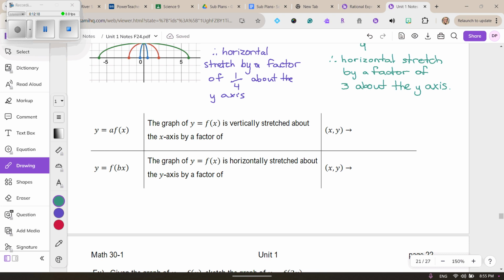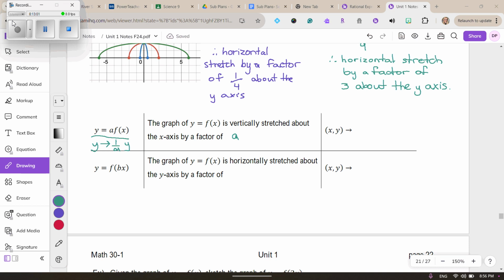So let's summarize here. The first one, we are changing the a value in y equals a times f of x, which means we are directly replacing y. And if we move that y over to the other side, we're replacing y with 1 over a y. So if we replace y with 1 over a y, we are going to get a vertical stretch about the x-axis by a factor of a, the reciprocal of whatever you replaced it with.